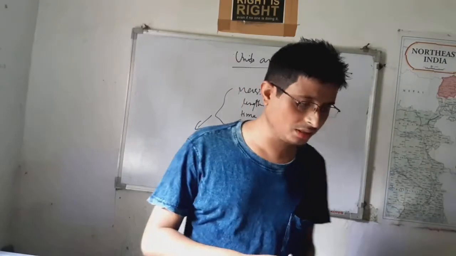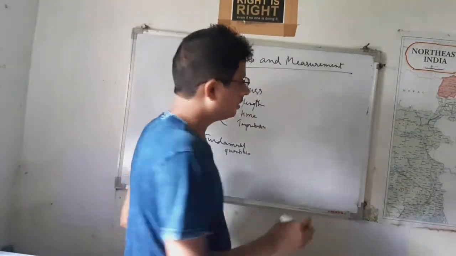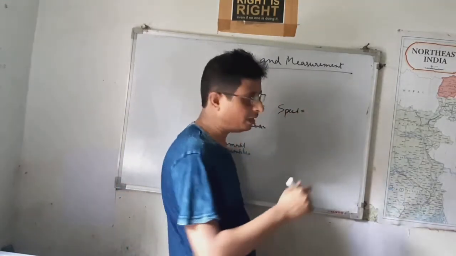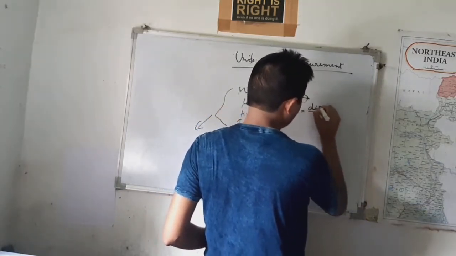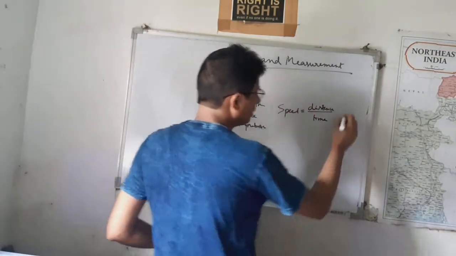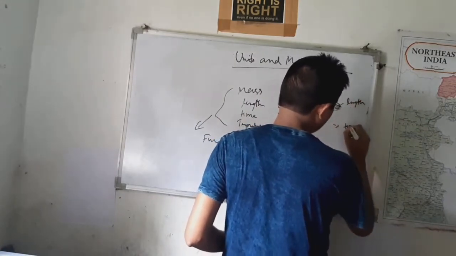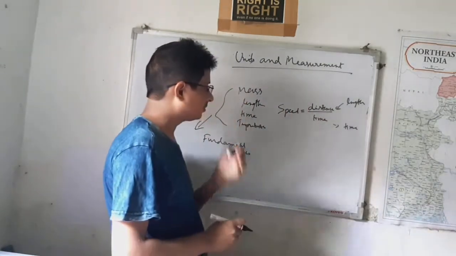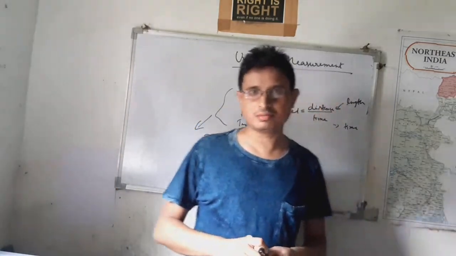Similarly, suppose I want to measure the speed of an object. According to the definition of speed, it is the amount of distance covered by the object per unit time. So speed equals distance by time. There is a quantity associated with distance, which is length, and time is obvious. So length and time are the two physical quantities with the help of which we can measure speed.